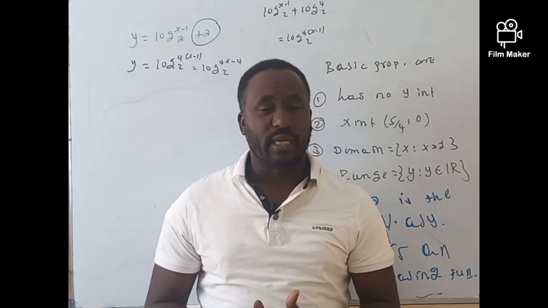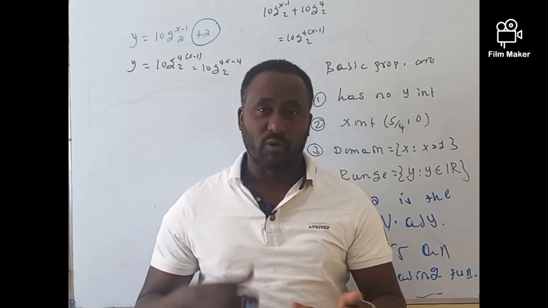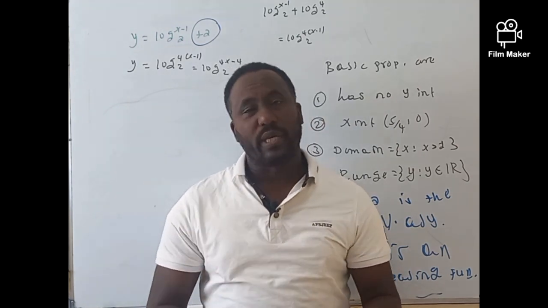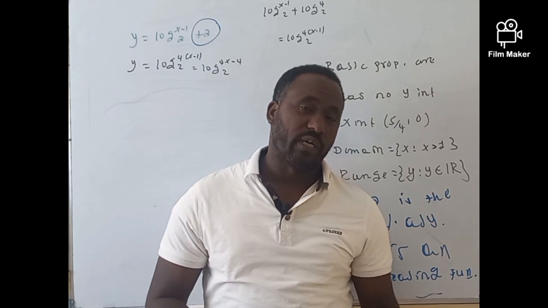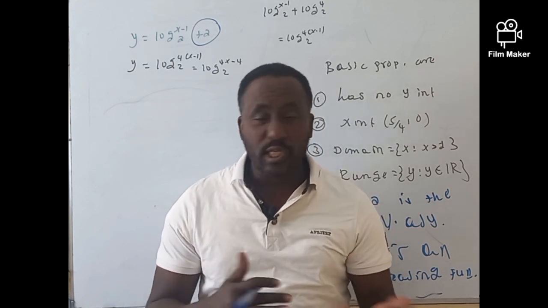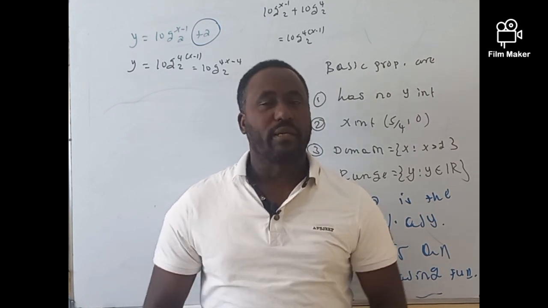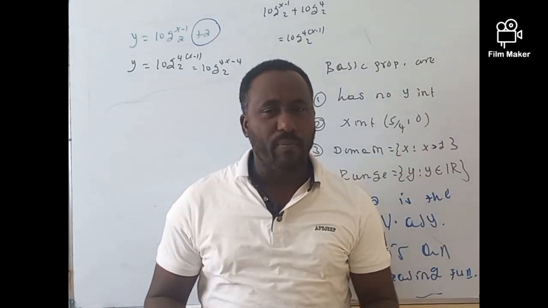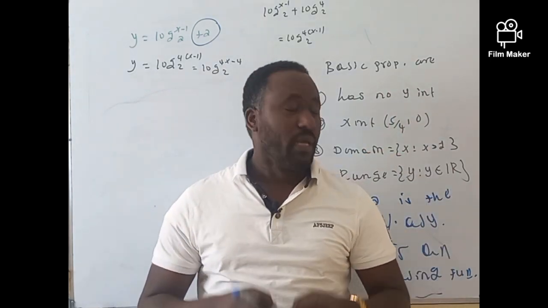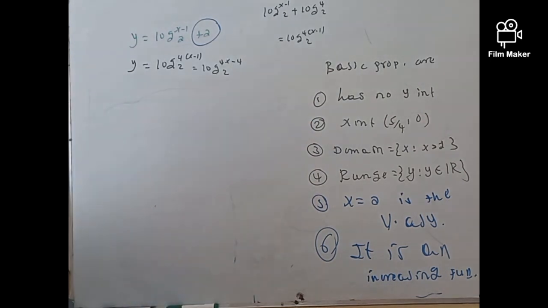So if the logarithm is increasing, the inverse exponential is also increasing. If the logarithm is decreasing, the inverse exponential will be decreasing. So these are the main points that you always have to remember in the case of exponentials and logarithms.